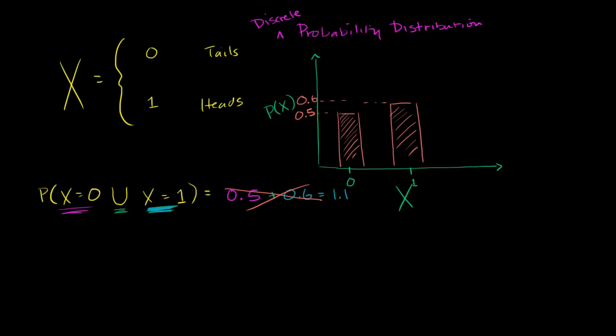If you're looking at all of the outcomes from a random variable, it should add up to 100%. So you point this out to the gentleman who's trying to tell you how the probabilities are defined for this coin, and he says, oh, yes, I made a mistake. That was not the probability distribution. This is not 0.5. Let me clear this and redraw it.